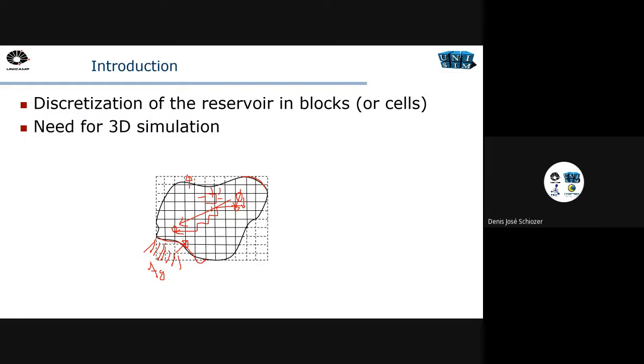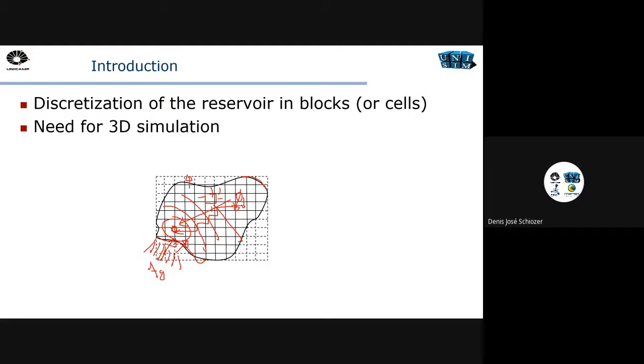Initially the aquifer is there and we have equilibrium, so the aquifer is not moving. But if I have a producer here where the pressure is decreasing, the pressure of the aquifer will also displace the oil into the well.